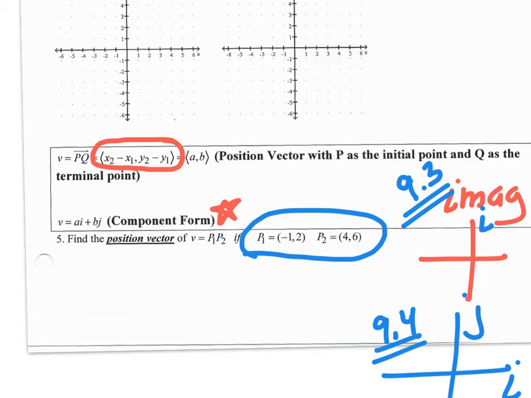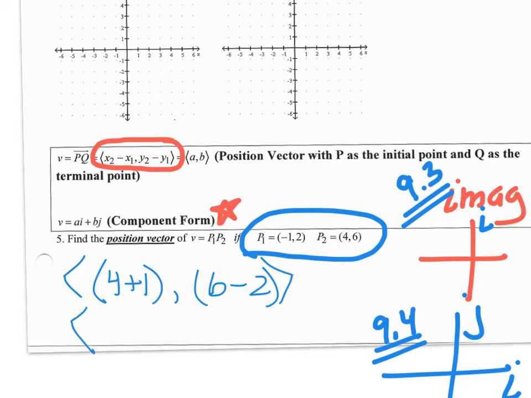It says, here are 2 points, P1, P2. Find me the position vector P1P2, if here are the coordinates. Now, if you look up top, the position vector formula is not bad. You just take your x's and you subtract them. Okay, so x2 is 4, minus x1 becomes positive 1, and then comma, y2 is 6, minus y1.